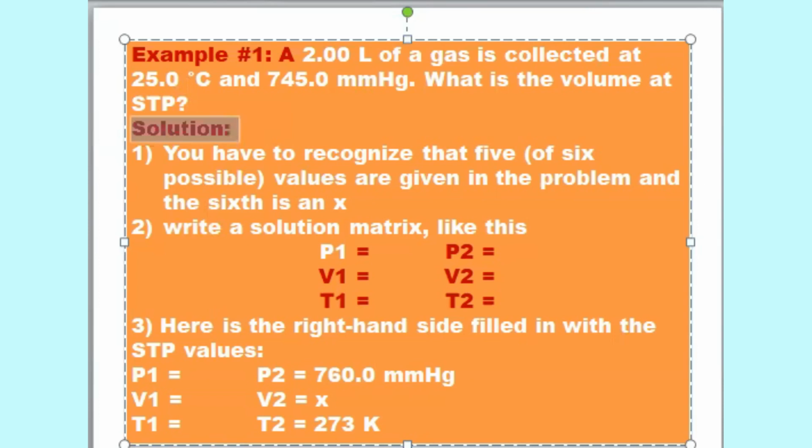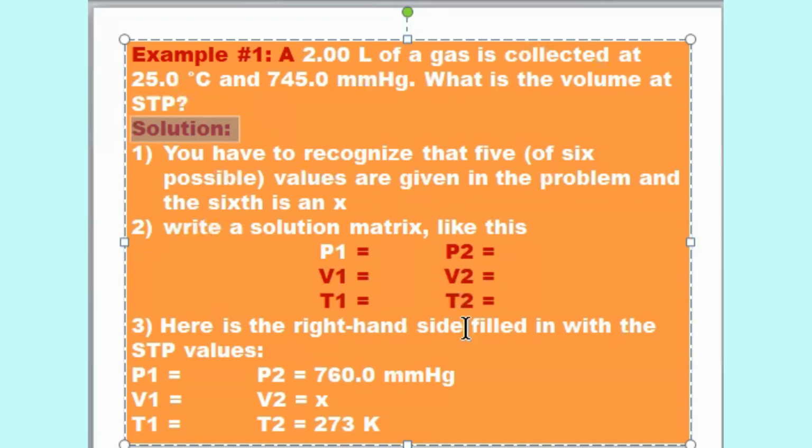Example number one: a 2.00 liter of a gas is collected at 25 degrees Celsius and 745 millimeter of mercury. What is the volume at standard temperature and pressure? You have to recognize that 5 values are given from the 6 possible values in the problem, and the 6th is an X. Write a solution matrix with P1, V1, T1, P2, V2, and T2.